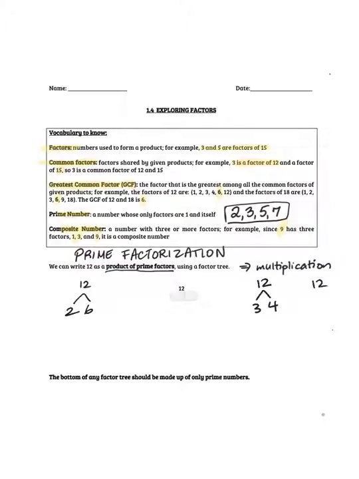Now, yes, you could have 1 and 12 as well, but for the purposes of this, we're not going to be using 1 and itself as factors, and you can see why in a second. Looking at all the possibilities, we have 2 times 6, and we have 3 times 4. I'm going to pick 2 and 6 and use that as my main way to factor 12.